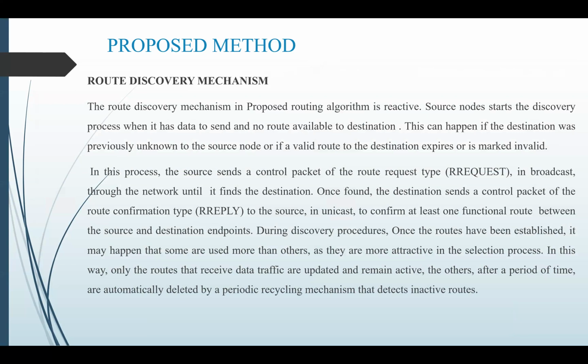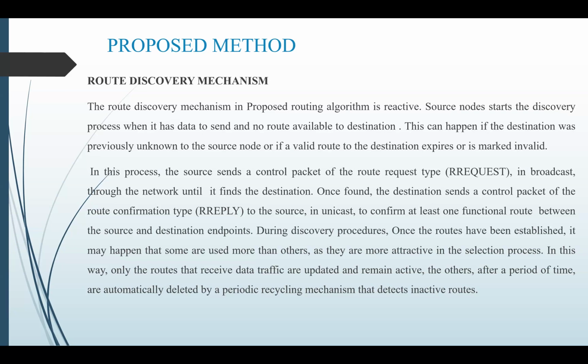In this process, the source sends a control packet of the route request type and broadcasts it through the network until it finds the destination. When found, the destination sends a control packet of the route reply type to the source in unicast, to confirm at least one functional route between the source and the destination endpoint.